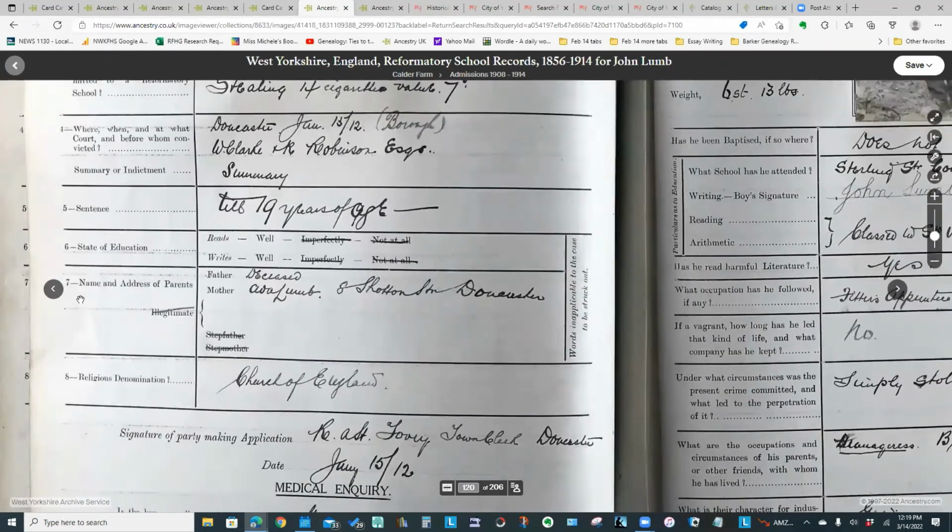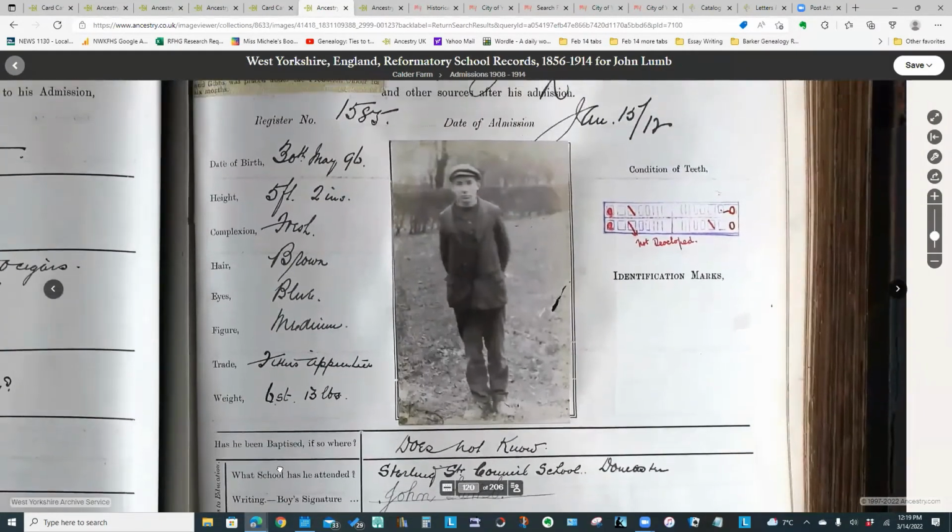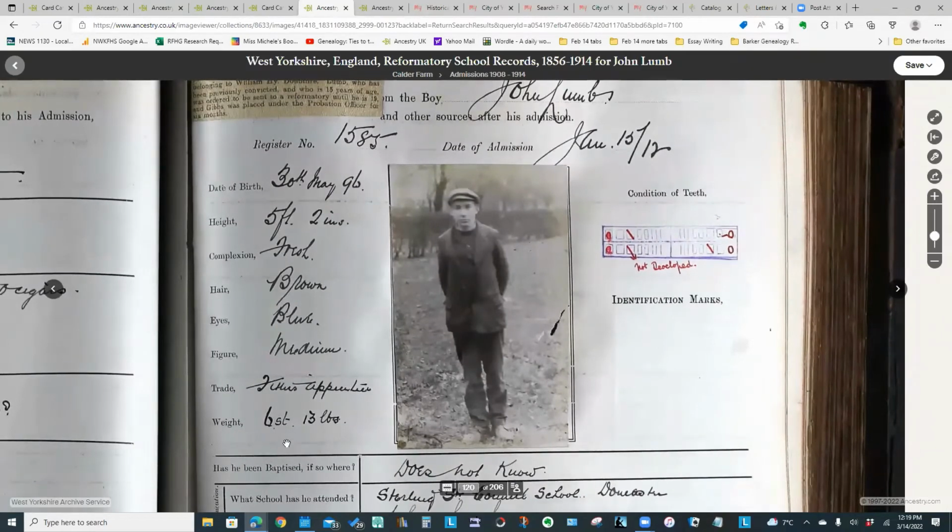And we get the information about his parents. His mother is still alive. His father is deceased. But if we look on this next page, as I said, we get a complete physical description. We get a picture. I also get this lovely little diagram that shows the condition of his teeth.